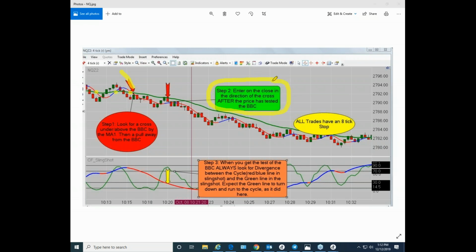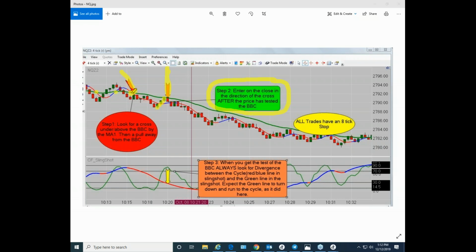Which is this. After the cross, the normal thing for the market to do is to gravitate toward that BBC. That's what we're looking for. So not only are we looking for the test of the green line, that's our BBC, but then we're looking for a close in the direction of the trend. The trend was defined here.